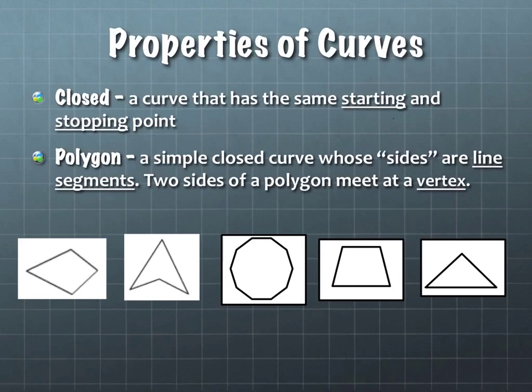Okay, so there are some different features about these graphs. The first one that we're going to talk about is there's one of these curves that is not like the others. Can you tell me which one is distinctly different maybe than the others? The second one. And the reason the second one is distinctly different is based on the next definition.